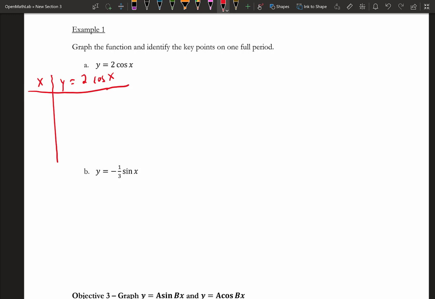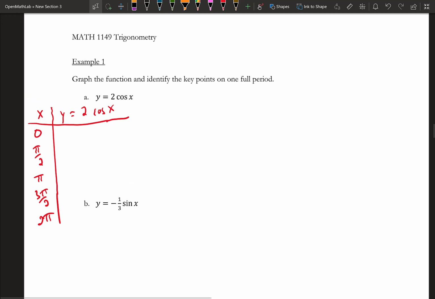With these, it's pretty typical to use 0, pi over 2, pi, 3 pi over 2, and 2 pi, to get one full period. And as we mentioned, if you split the period into fourths, these are some key points.